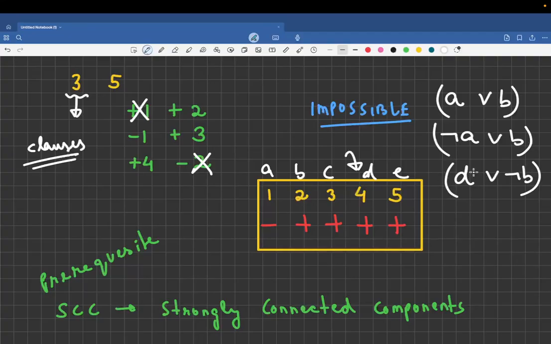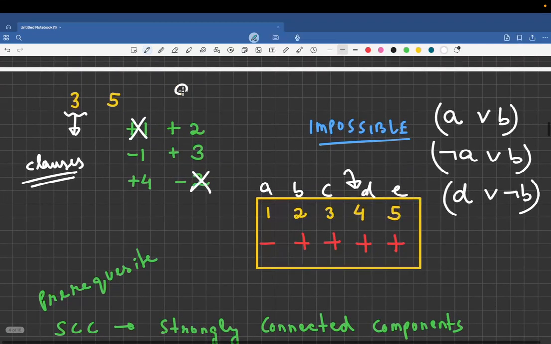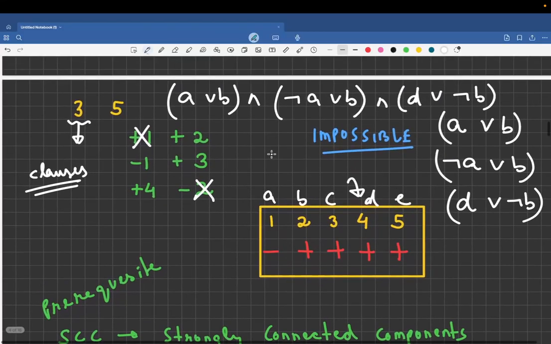Any one of them being true will do the case for me. So the CNF for this particular example will be A or B, and not A or B, and D or not B. If you simply solve this, you will be able to solve this problem, right?